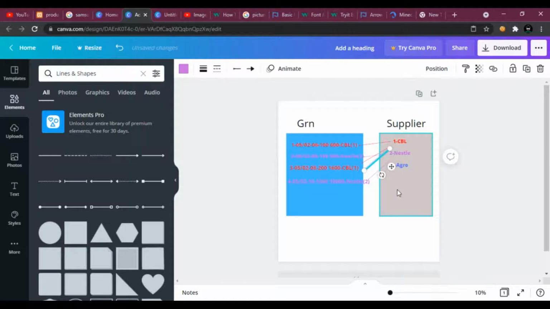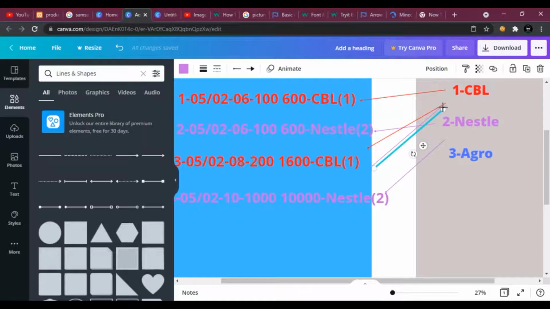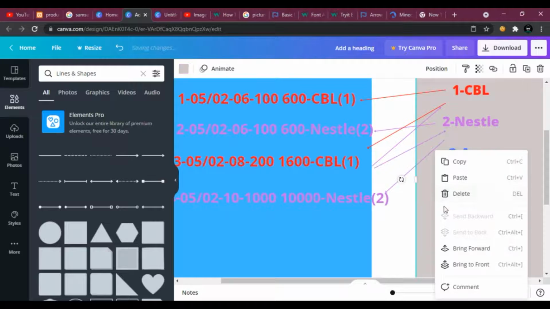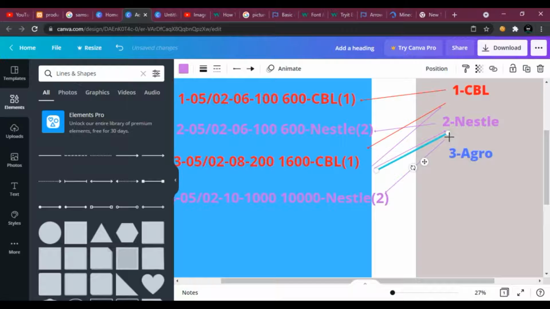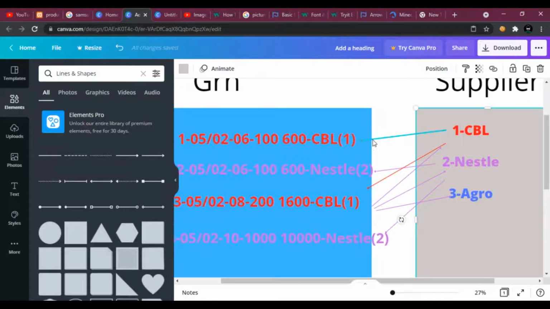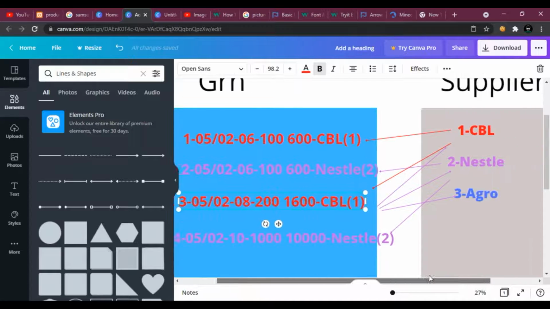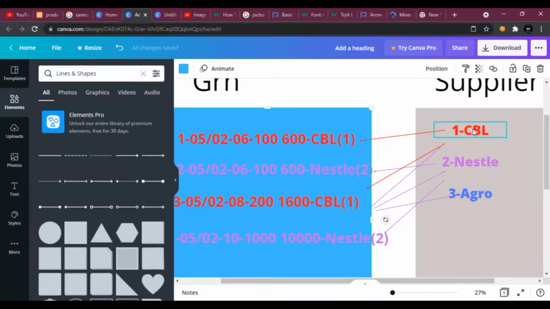Let me zoom it out. This one goes to this one, and to this one, because each record is from one supplier. You can see this record is from one supplier, but suppliers can make multiple records, right?